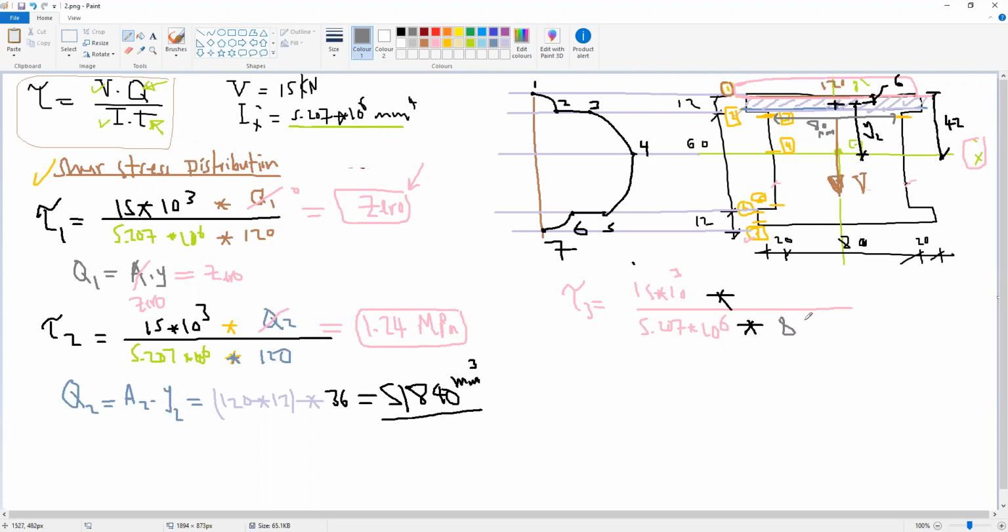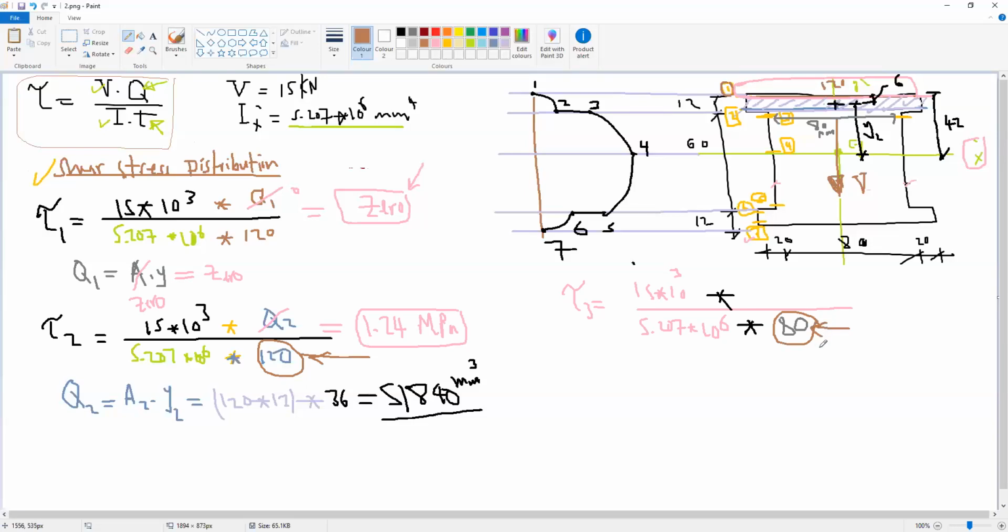And this will be the difference between tau 2 and tau 3, because tau 2 and tau 3 are at the same point. But because there is a sudden change in the thickness, we need to calculate at this point. So we have cut 2 and cut 3. Cut 2 and cut 3 will be similar except for T. T before the sudden change is 120, and after the sudden change is 80.